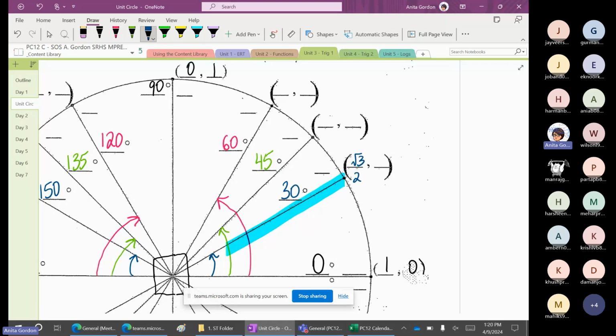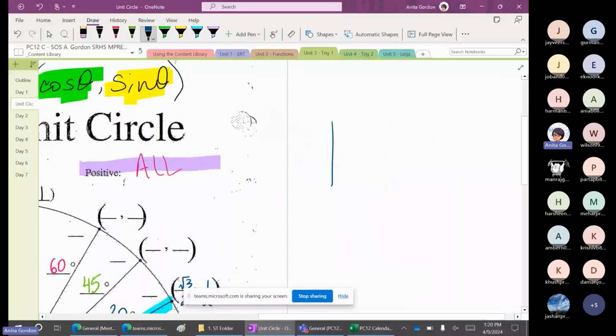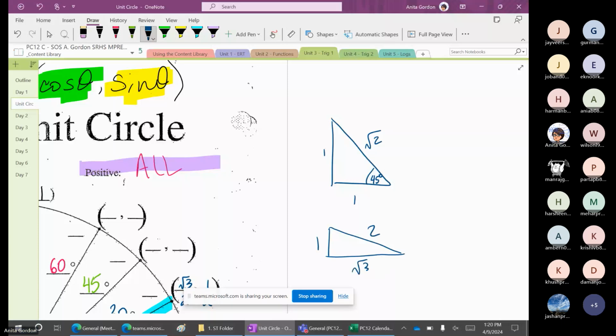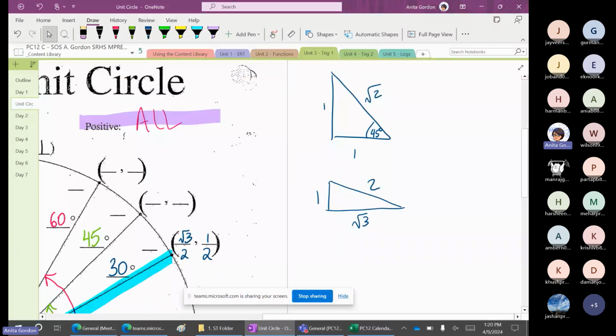At 30 degrees, the cosine of 30 gives us the x coordinate, square root 3 over 2, and the y coordinate is the sine of 30 degrees, which is 1 over 2. I'm basing this off the special triangles on the board: 1, 1, root 2 for 45 degrees, and 1, 2, root 3, where this is 30 degrees and this is 60 degrees.